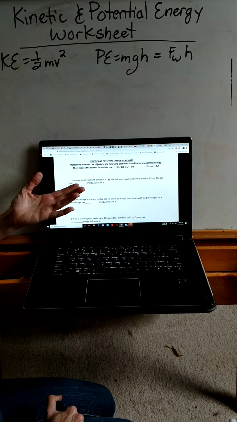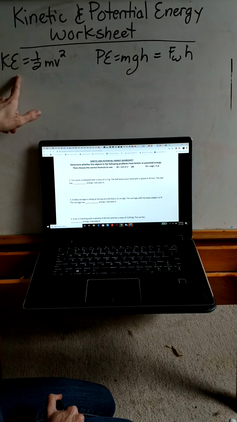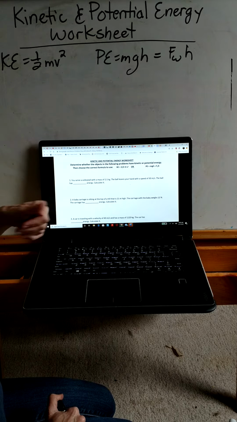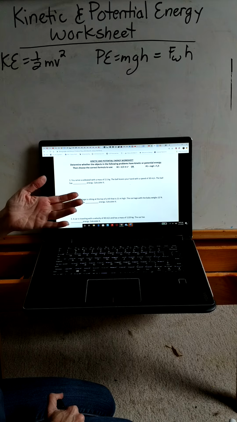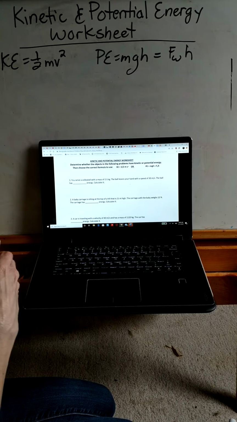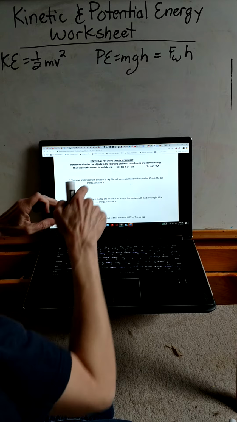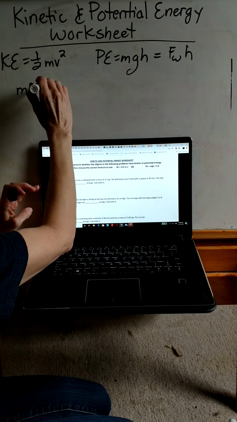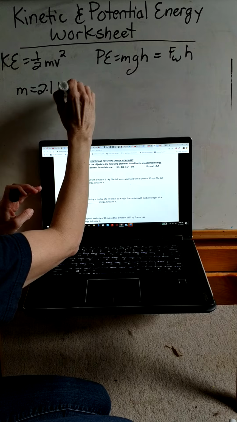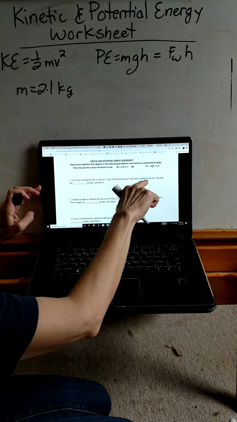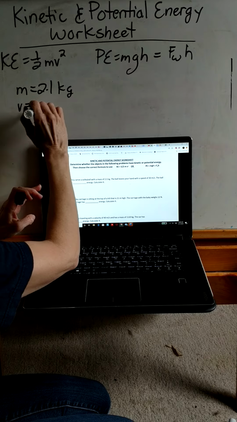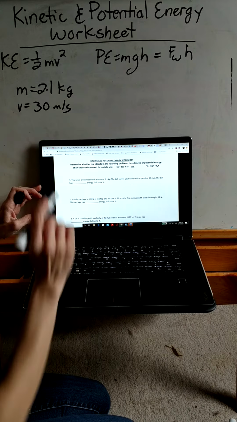Is it moving? If it's moving, you're going to use kinetic energy. Otherwise, you're going to calculate potential energy. Then you need to calculate the kind of energy that you chose. So in this particular example, we have a mass that is 2.1 kilograms, and we have a speed or velocity of 30 meters per second.